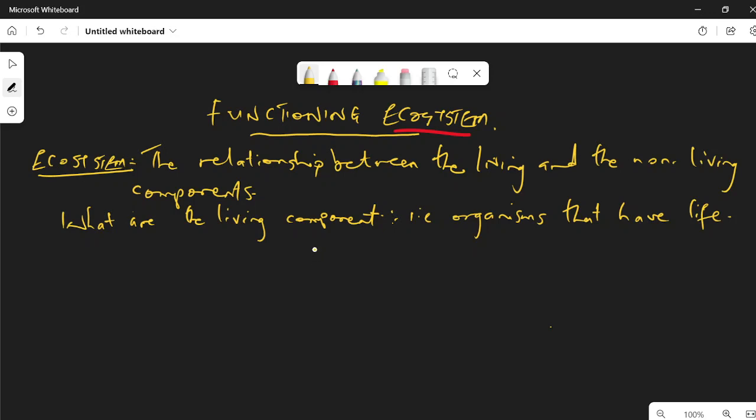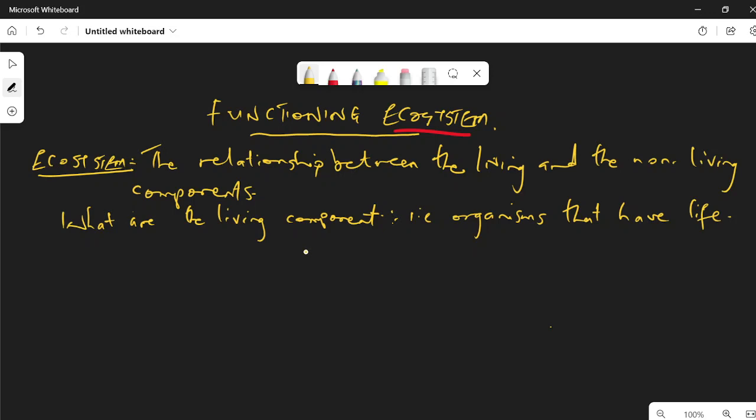So every substance or every material or every matter that possesses life is regarded as being a living component. Are we together? Every substance that has the ability to carry out the characteristics of living things is regarded as a living material, a living substance, a living component.